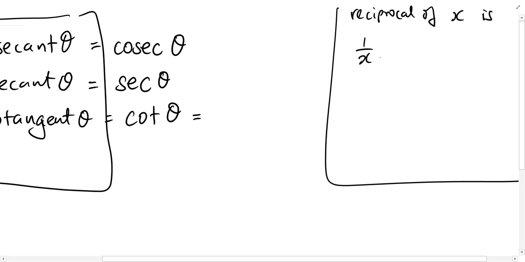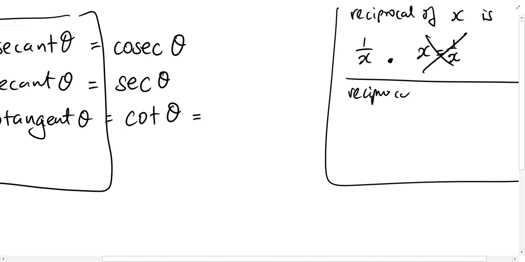Please do not write x equals to 1 over x. We are saying that reciprocal of x is 1 over x. Okay, next one. Reciprocal of 1 over b is b. Good. Reciprocal of a over b is b over a.